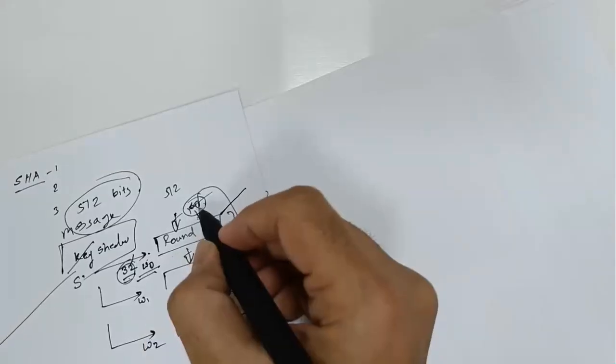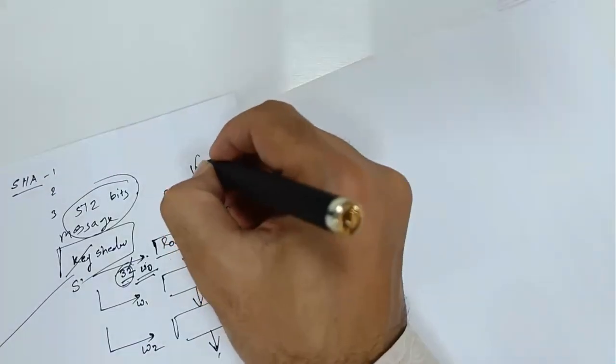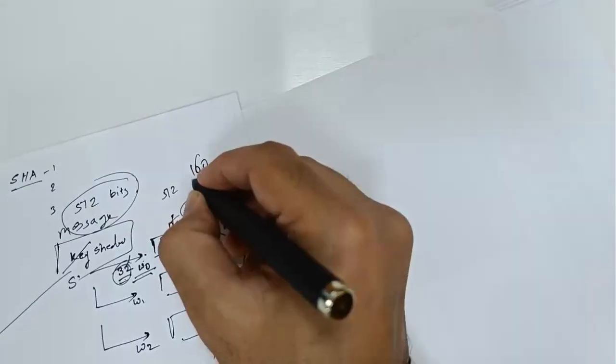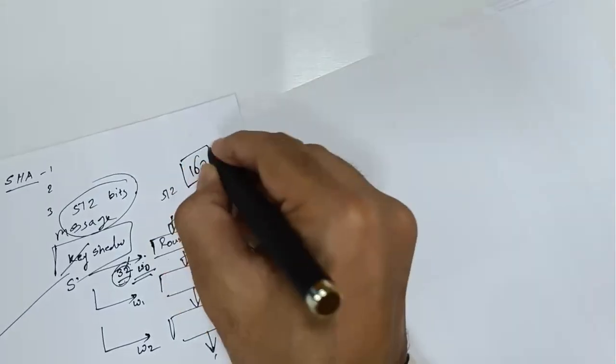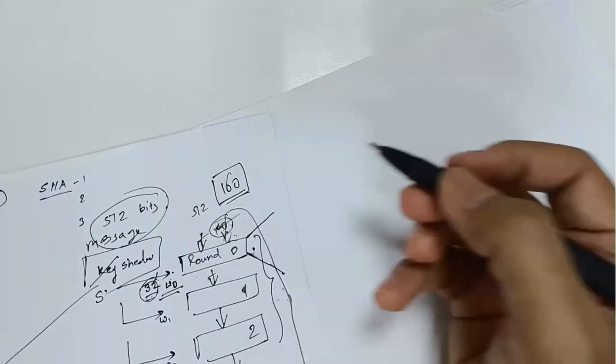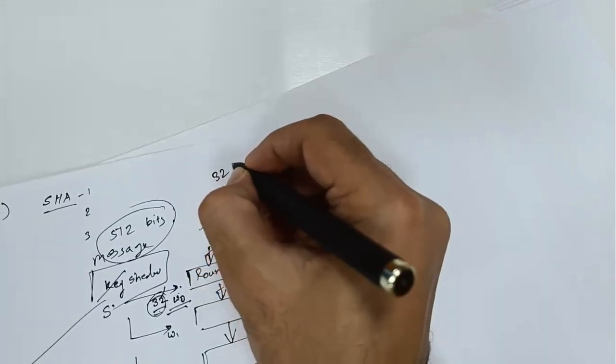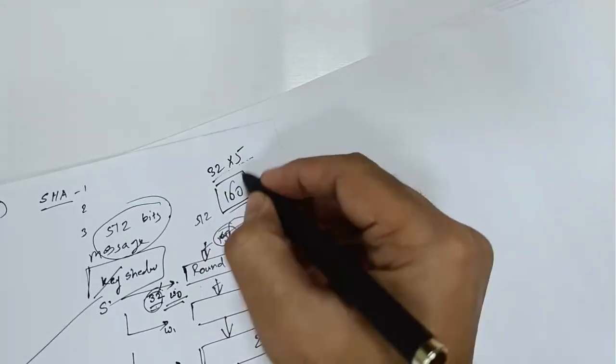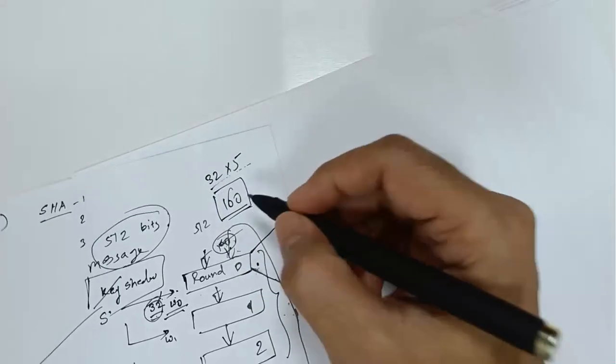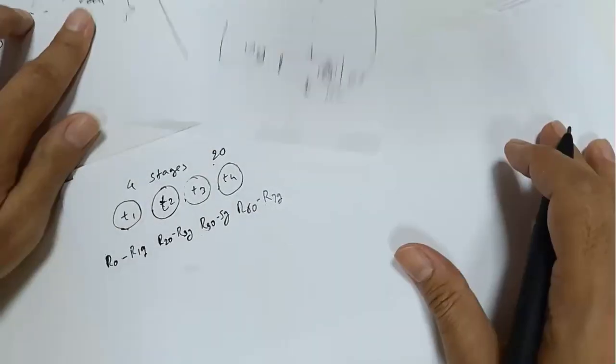It is 160-bit. We have to divide this 160-bit into 5 sections of 32-bit each. So 32-bit sections will constitute 160.